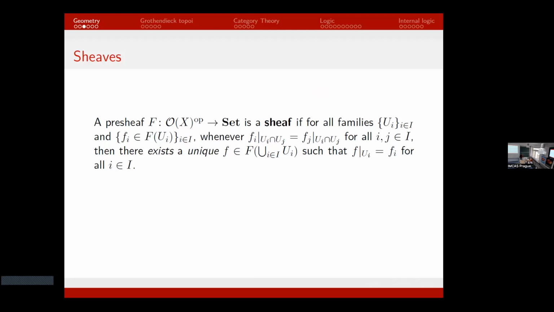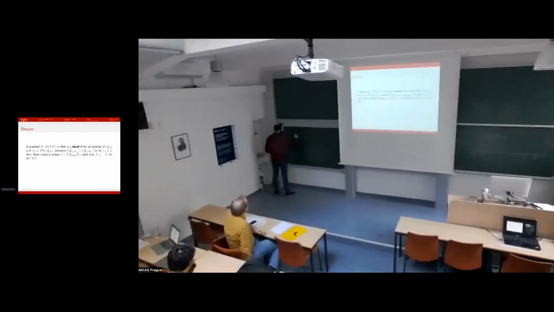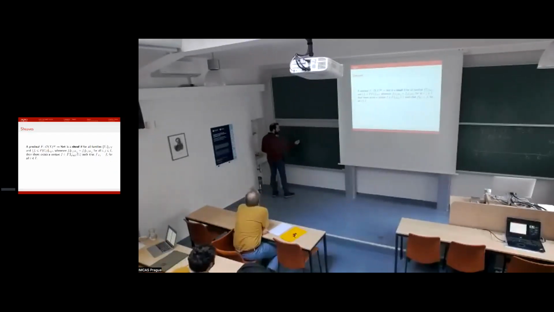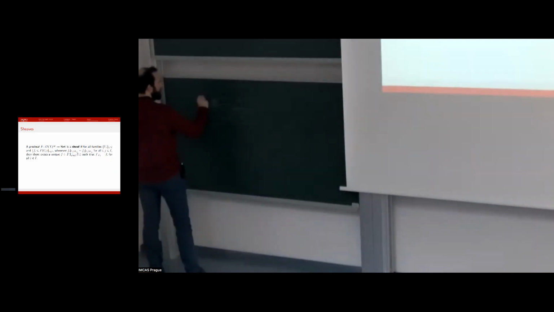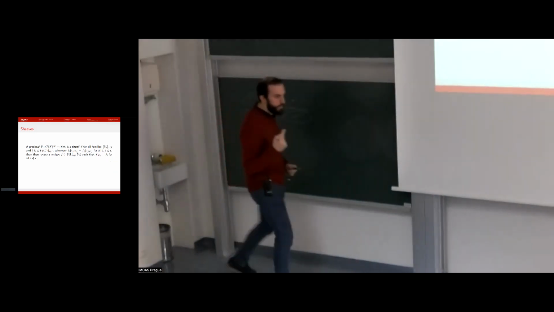So this is the usual gluing lemma. So we have open subsets, we have functions defined on these such that on the intersections they have the same value, and if this happens for every couple of opens, then we can glue them together, and there exists one and only one. And this is the crucial property of sheaves.